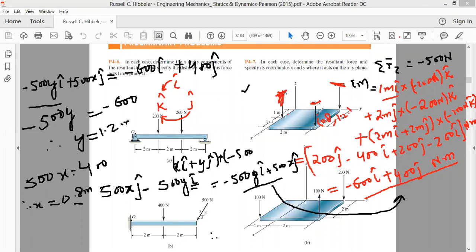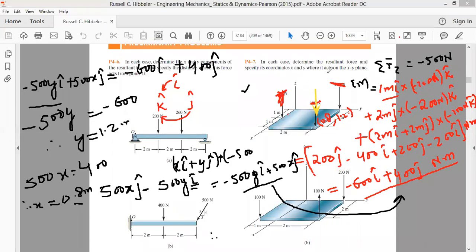At this very point you draw a force. Apply a force of 500 Newton, and this force is to be applied in the negative z direction.